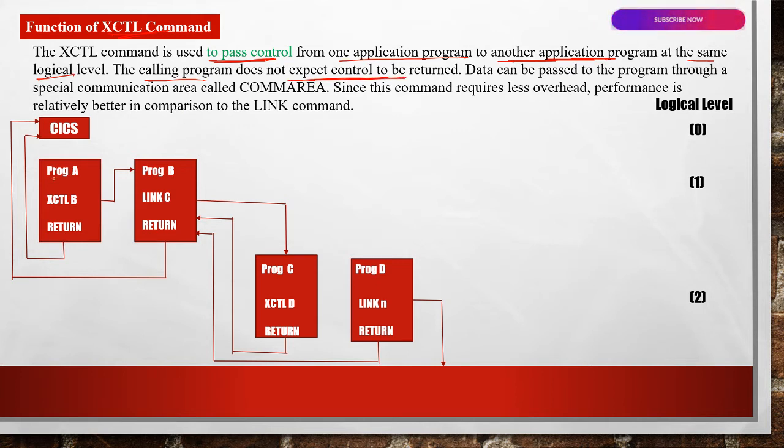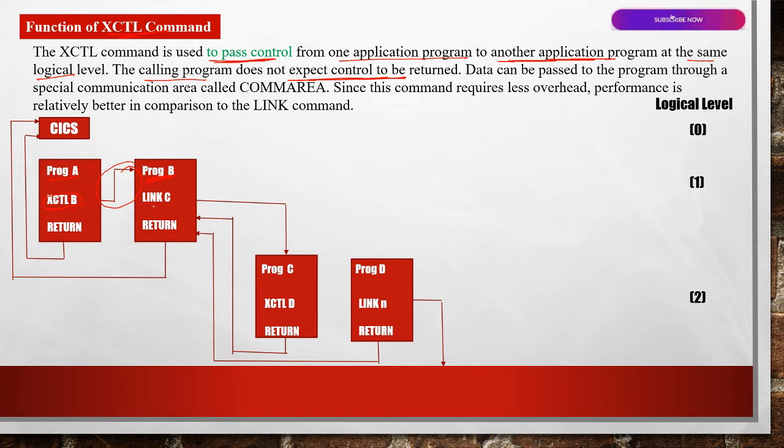Like we have program A and we are using XCTL B, means we are calling program B. So our control will go to program B, but control will not return back to program A. You can see we are only transferring control to program B.